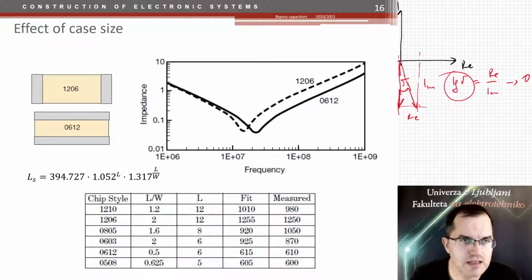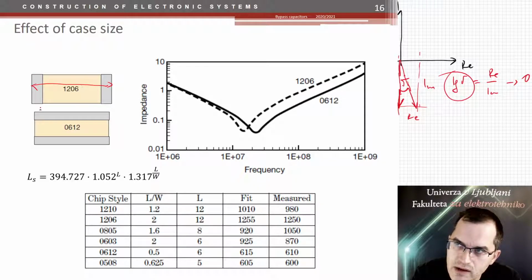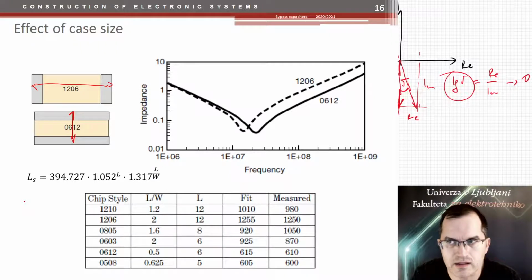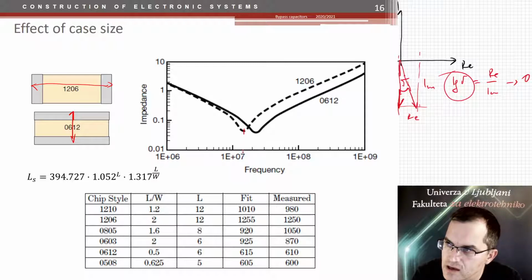So, effect of case size. You have a so-called portrait and landscape configuration of capacitors. This is 1206 and 612. So here, this is the length the current takes from one terminal to another, and this is the length here. So wider and shorter would be better in terms of series inductance, and that's the difference here and here.